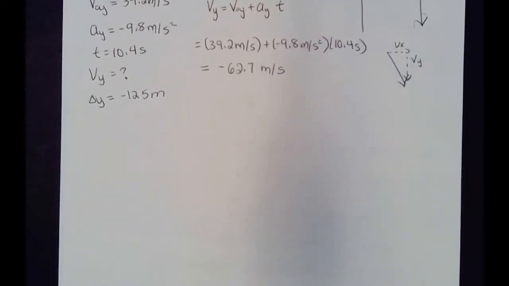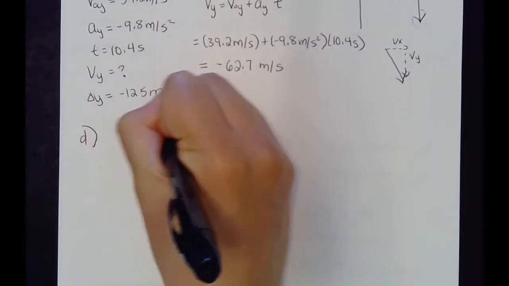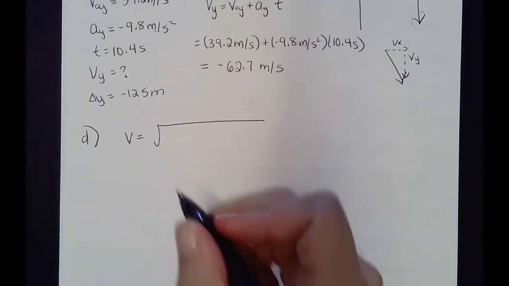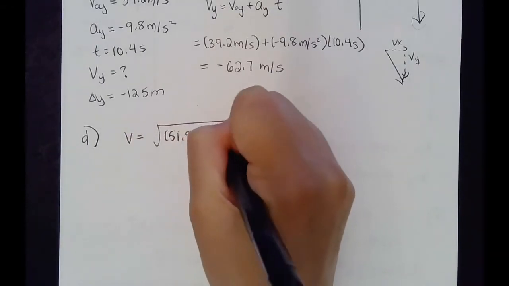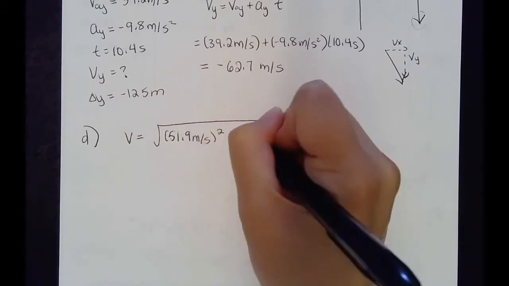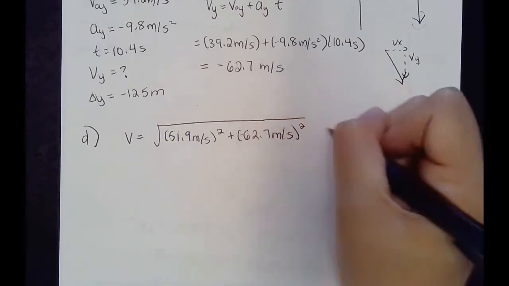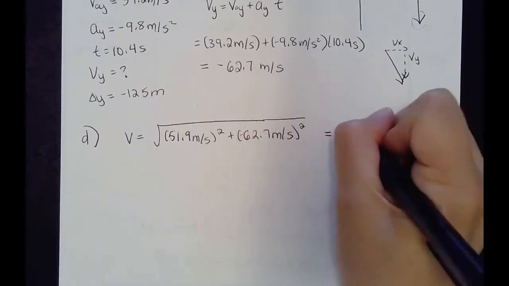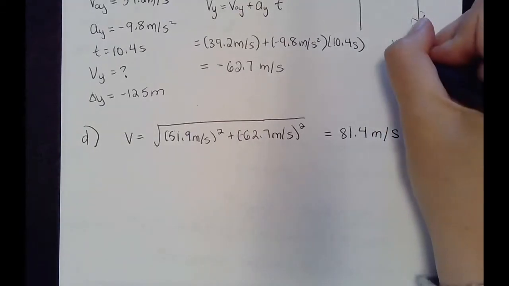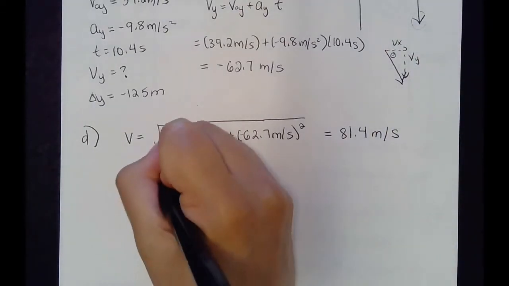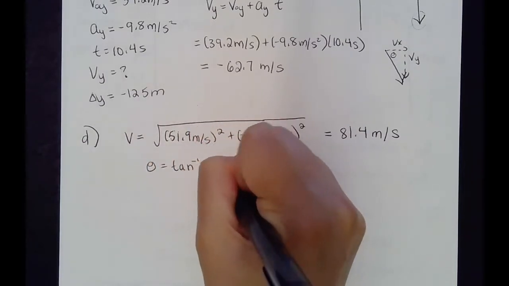Okay, in part D, we want to find the magnitude and direction of that velocity vector. So the magnitude v will be the root of 51.9 meters per second squared plus negative 62.7 meters per second squared, which is 81.4 meters per second. And then the angle theta here will be tan inverse of Vy over Vx.